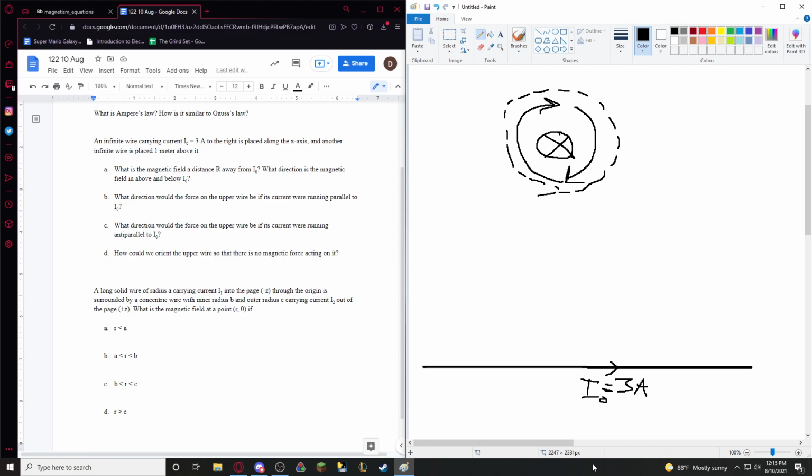I think the proper way of saying it is down. Wait a second. Actually, no. You said to look underneath it, right? Yes, underneath the wire. Okay, so I'm looking down here.